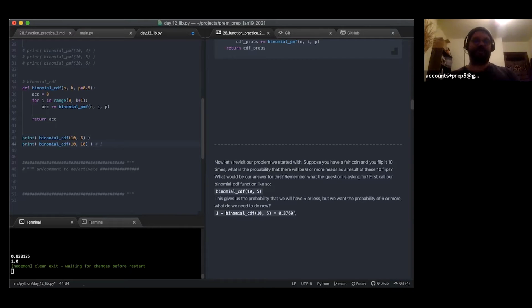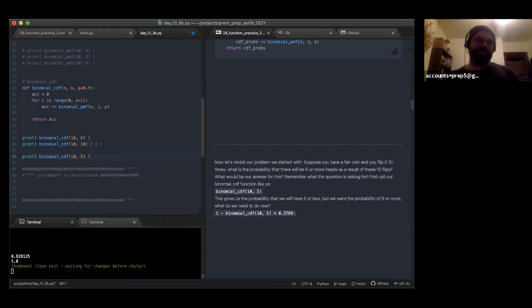This one gives us 1 back. Since that's just 1, the probability of literally any result is 100%. You're going to get one of those results, some number between 0 and 10.